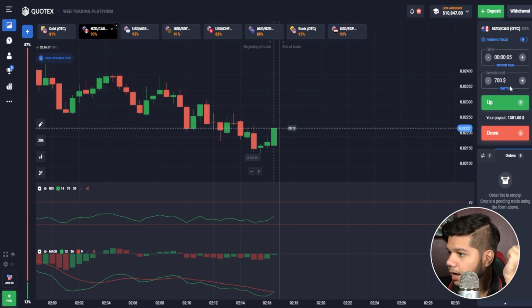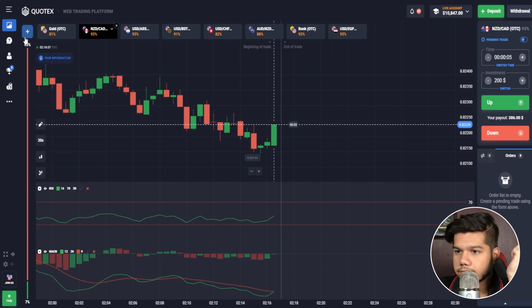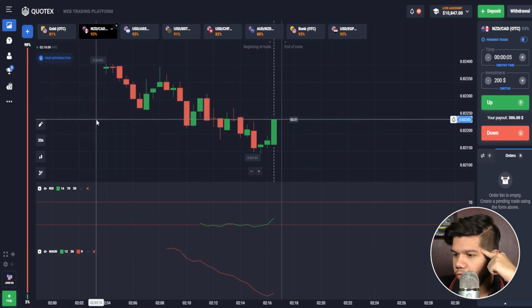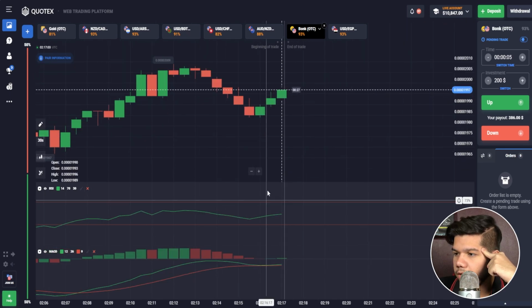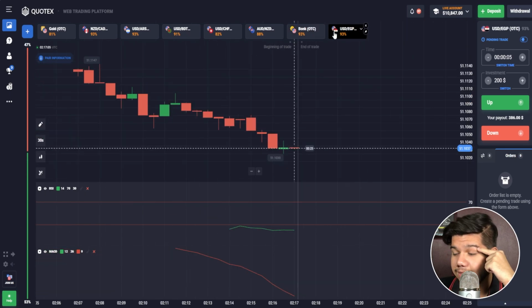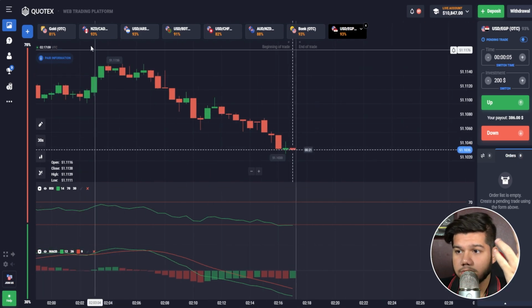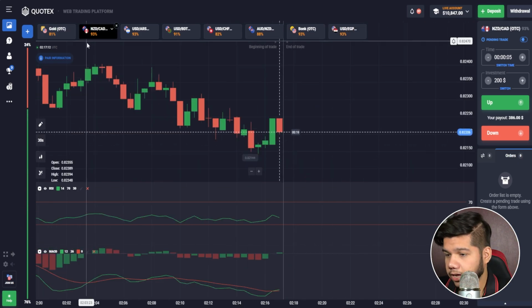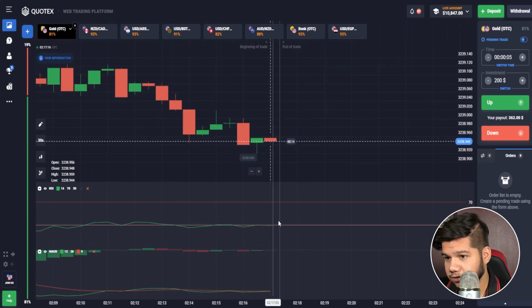So right now, I prefer lowering my risk to almost $200 again. Let's find another pair which suits our strategy. No, this crypto is not looking good at this time because the currencies are going downwards. The trends are downwards because the RSI is right here.